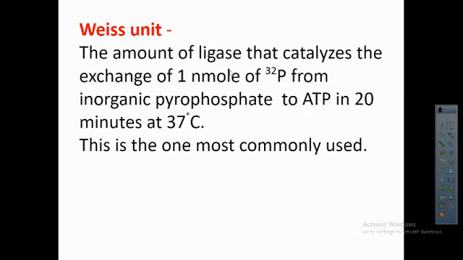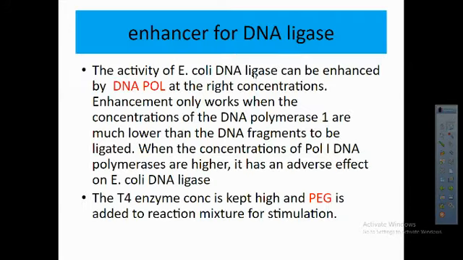This is the unit to measure the activity, and it was named after the scientist Weiss. So, in the earlier slides, I explained that to enhance the ligations, or to have more confidence in the ligations, we have to use the enhancers.